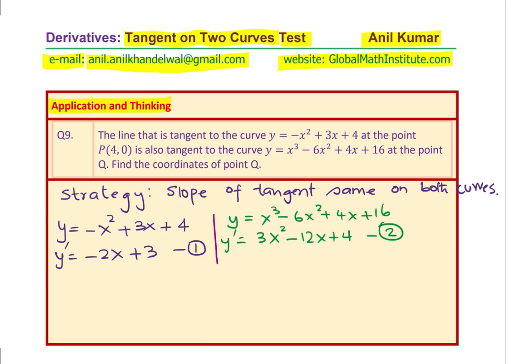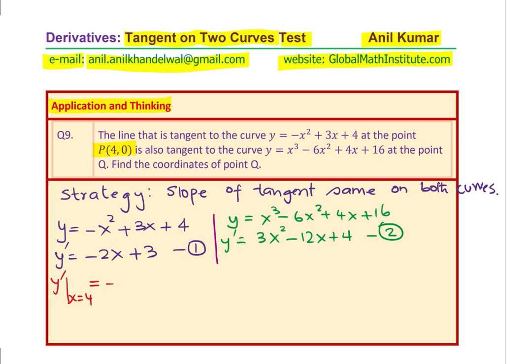But we are given additional information, and that is, we are given that the tangent to this curve at the point (4, 0) is tangent to both. So let's plug in the point, right? So we find what is the slope when x equals 4.